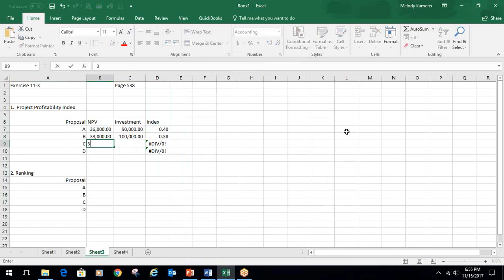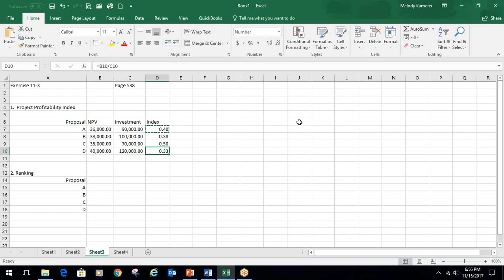And project C was 35,000 with investment of 70,000. And project D was net present value of 40,000 with an investment of 120,000.